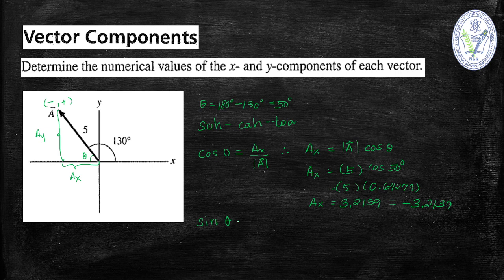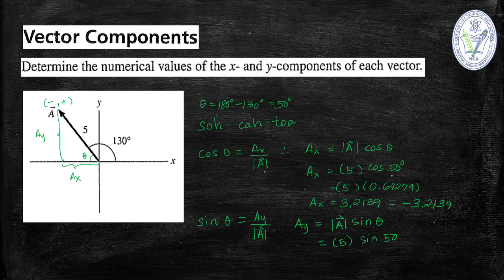Then going back, for the y component, we have sine theta equals ay all over the magnitude of a. So to solve for ay, we will have the magnitude of a multiplied by sine theta, and substituting the given sine 50.